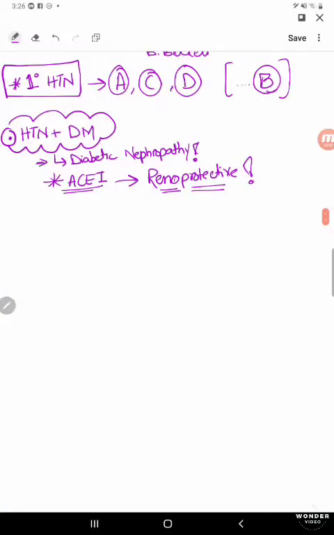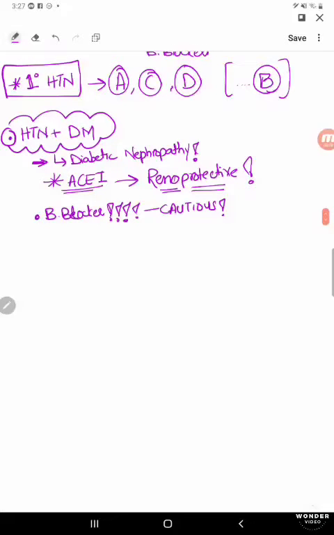Now an important thing to remember: in patients with diabetes mellitus, if you want to give beta blockers, be very, very cautious. Why? When your blood sugar level starts dropping, your body shows different signs for you to understand that the blood sugar levels are dropping.